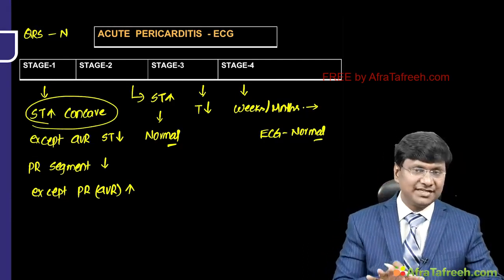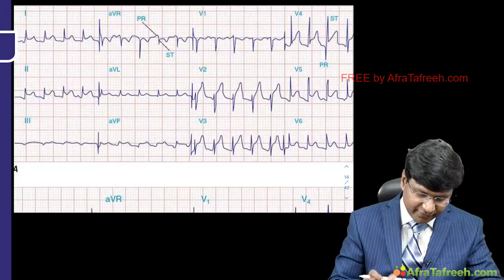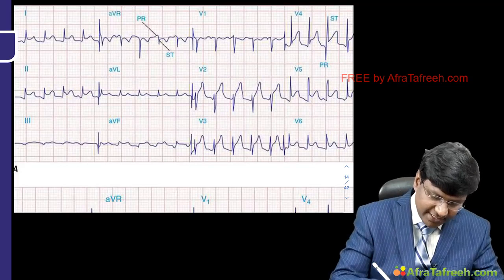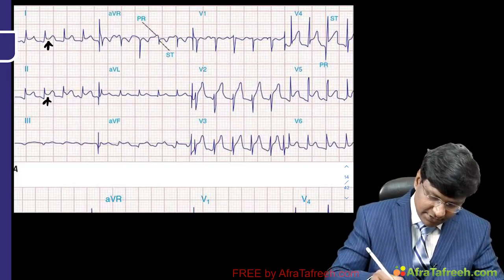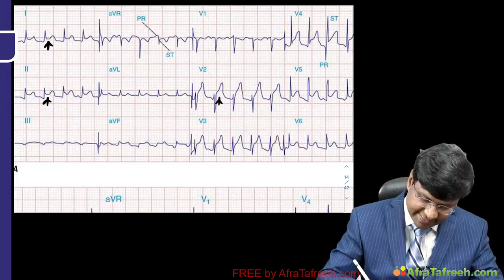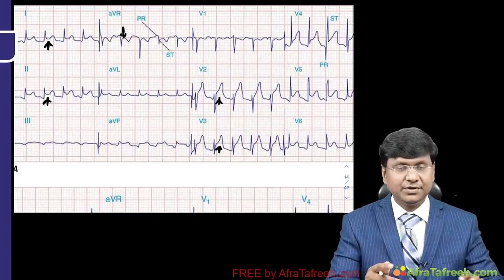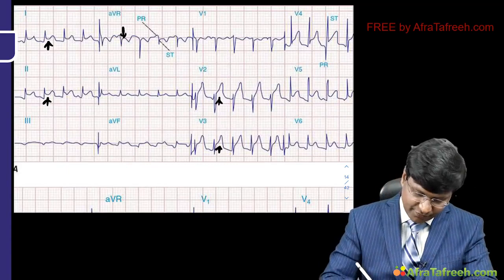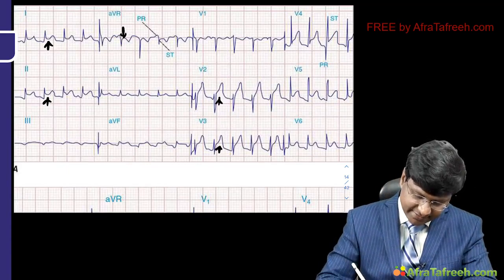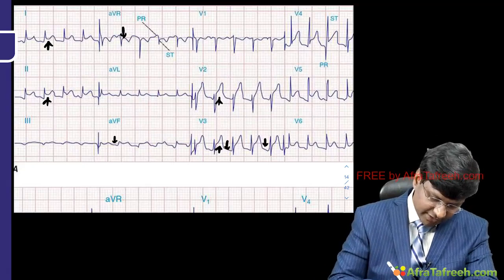Now let me show you the ECG changes we have discussed. If you observe here very carefully, you have the concave ST segment elevation in all the leads except AVR, where you have ST segment depression. The other thing is the PR segment, which is depressed in all the leads.